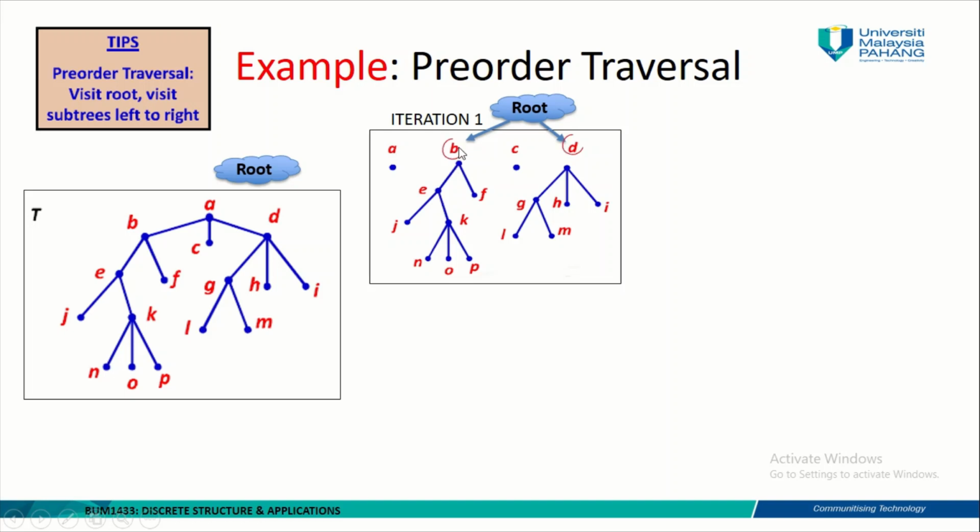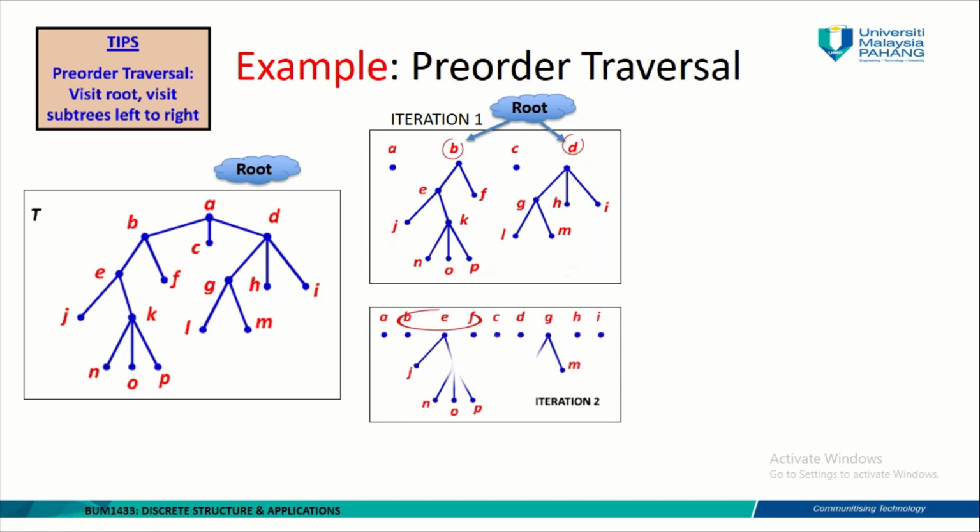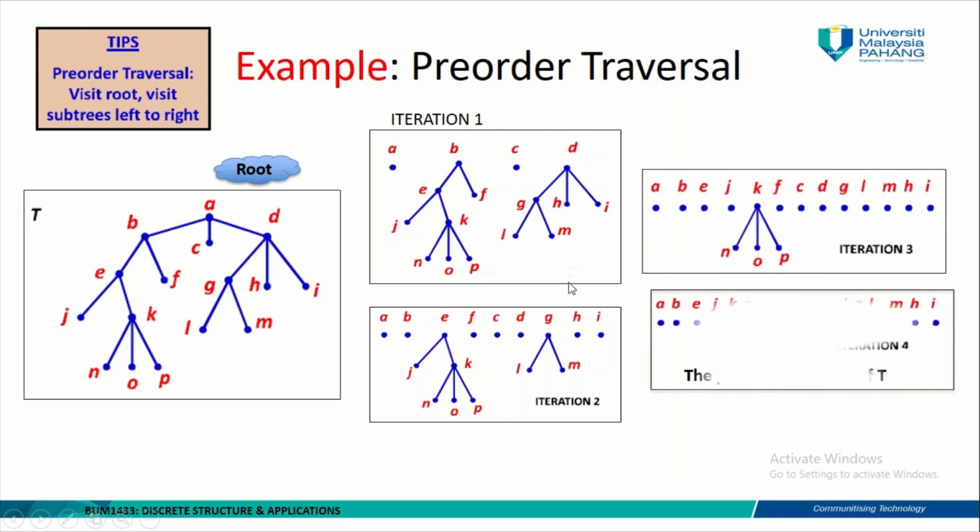So we have root B here, and then reading from left to right, we have E, F. So for B, we have B, E, F. So for the second iteration, we have B, E, F here. And for D, we have D, G, H, I. So we bring along all the children. So we repeat the steps until we get the final answer.